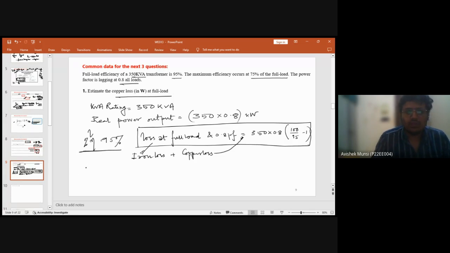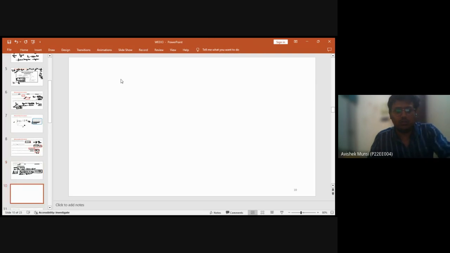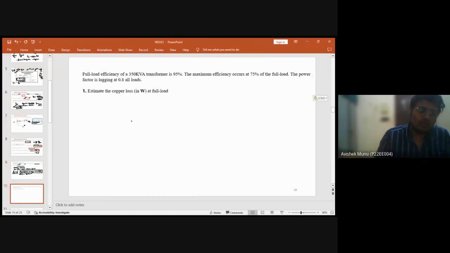Now, the question says that the maximum efficiency occurs at 0.75, that is, 75% of full load.